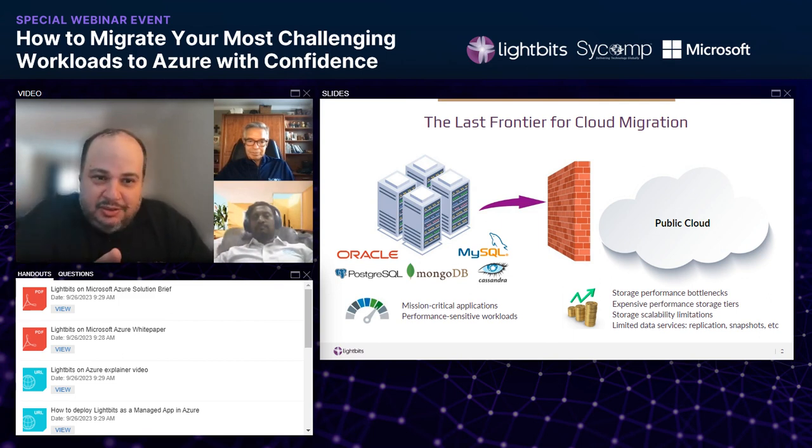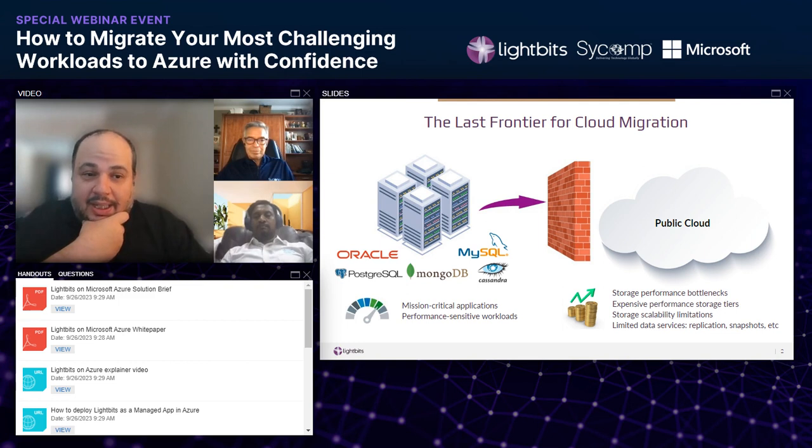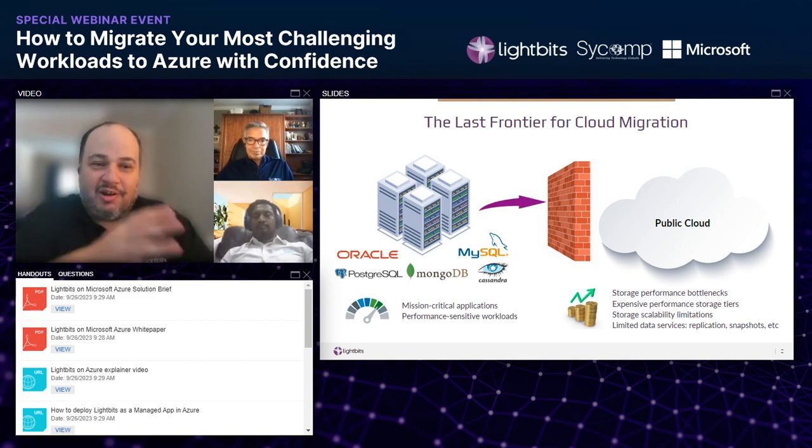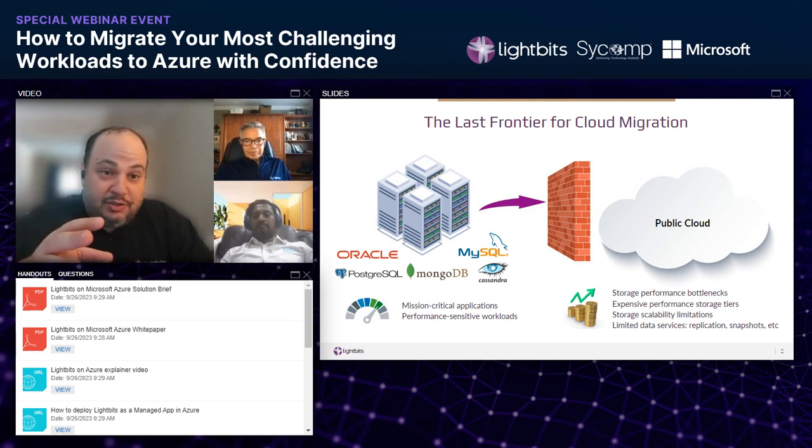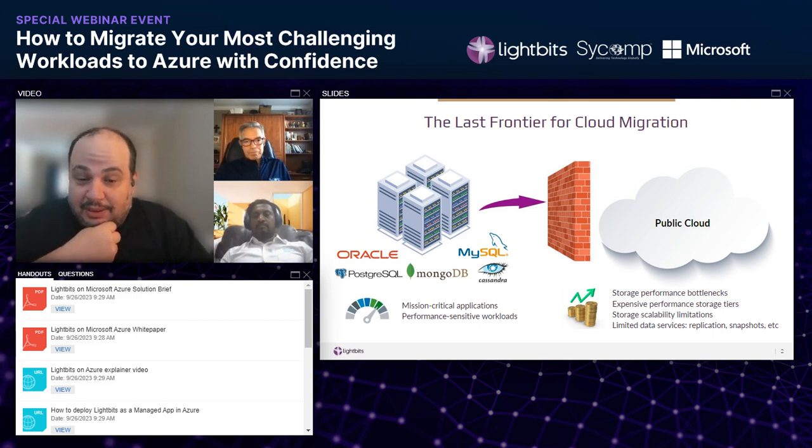What about cost? On-prem, it's very easy to understand how much you are paying for your infrastructure, but when you move to the public cloud, and as Kishore mentioned, Azure has a great set of options for storage, depending on your application you need to choose the option, and the cost may not be predictable. So you have concerns about expensive infrastructure in the public cloud.